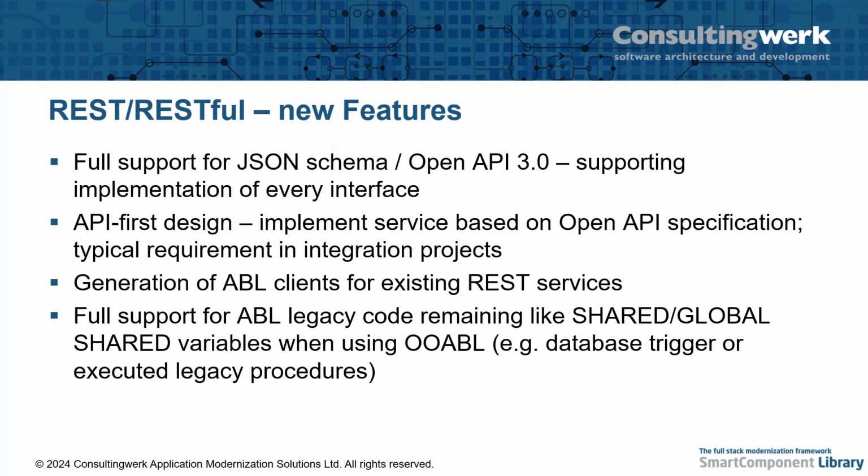When we're looking at legacy modernization, all of our tooling is based on object-oriented code, because we believe that's the way to build more robust applications today. But as a matter of fact, many legacy applications need to use things like shared or global shared variables, and Progress doesn't support that in class-based code.